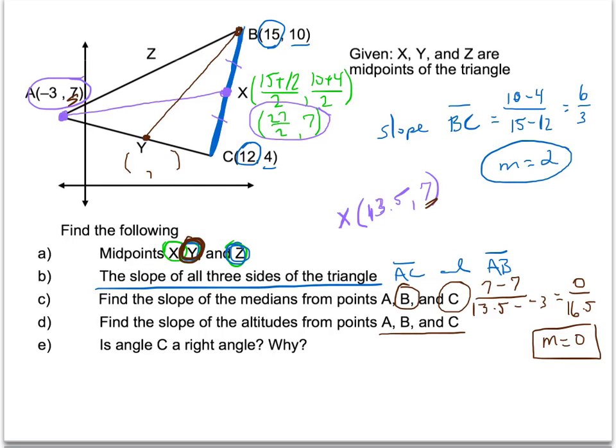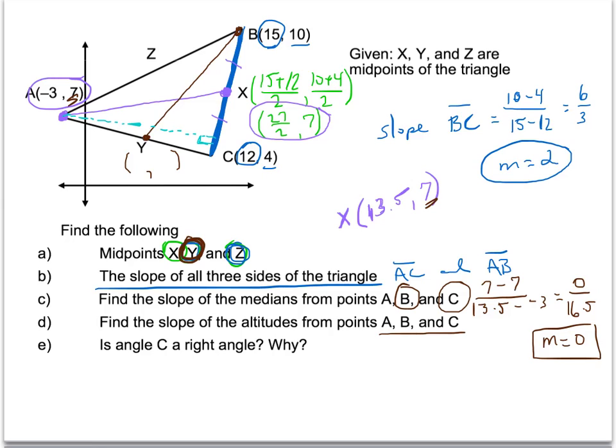Now, remember what an altitude is. An altitude is obviously different than a median. By definition, an altitude starts at the point A, and it will go to the opposite side, but as it goes to the opposite side, I'll make a dotted line here, we actually form a right angle. We have perpendicularity. So this problem is actually a little bit easier because we already have all the information we need.